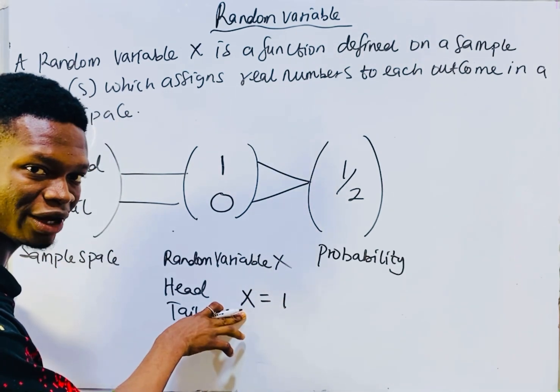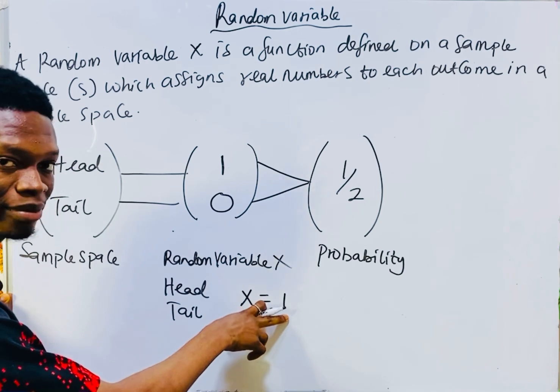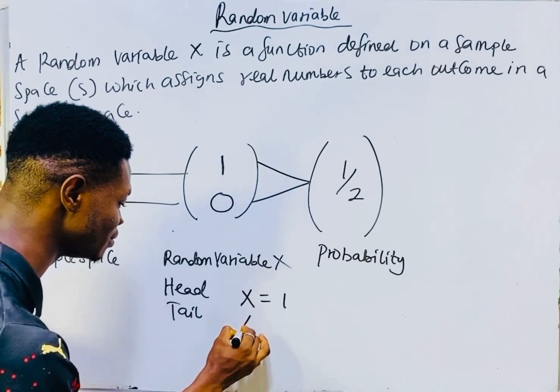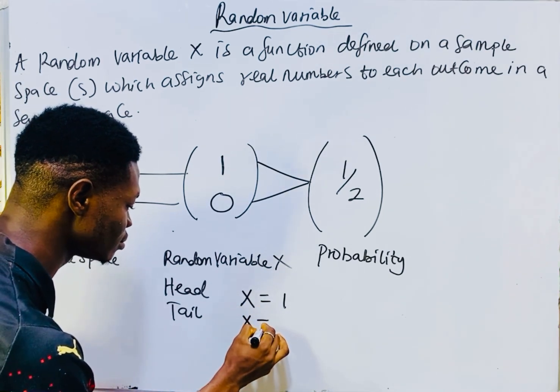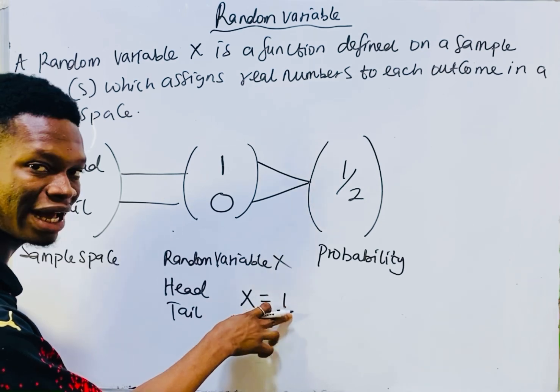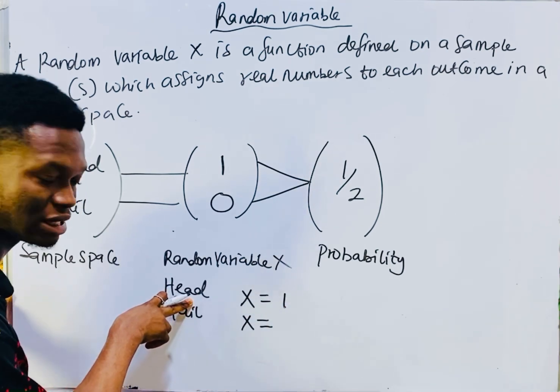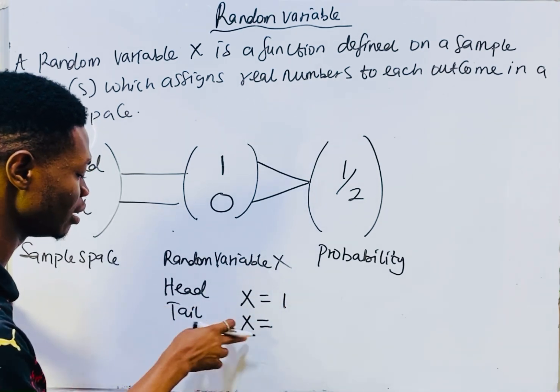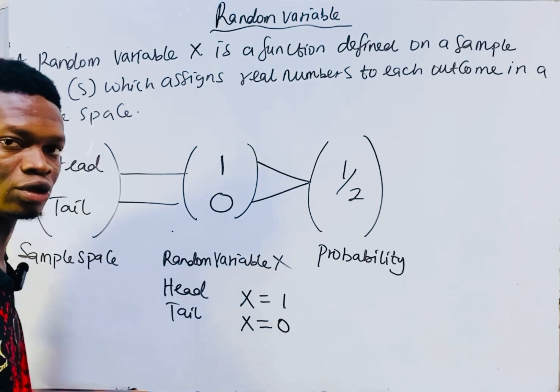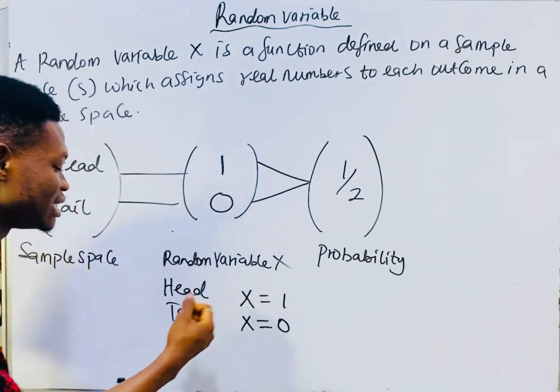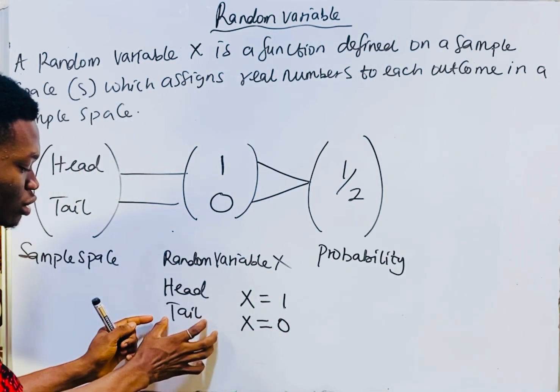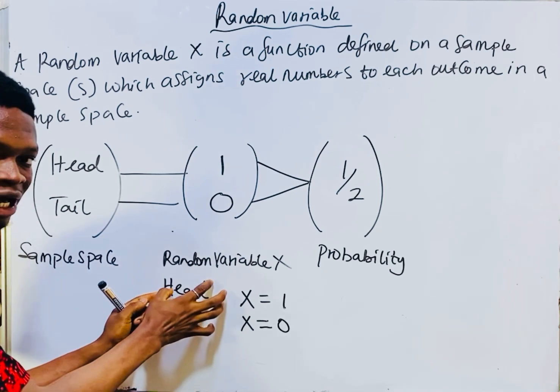That's a random variable. We have used it to assign a real number to this. My x is 1. Whenever I have 1, I know that I'm having head. Whenever I have 0, I know that I'm having tail. So I have assigned a real number to this head, to the outcome of this sample space.